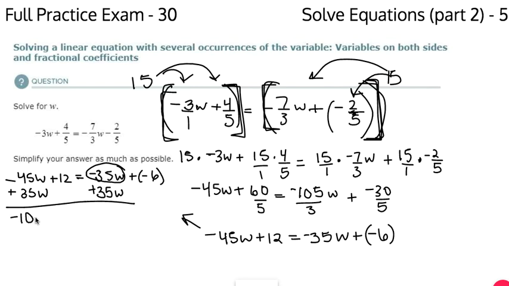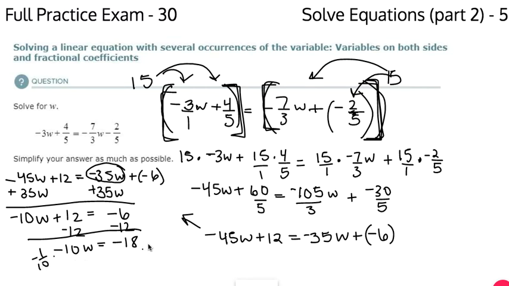I get -10w plus 12 equals -6. Then now I have a very simple two-step equation to solve. Now I do end up with a fraction, and that's okay, that will happen sometimes.